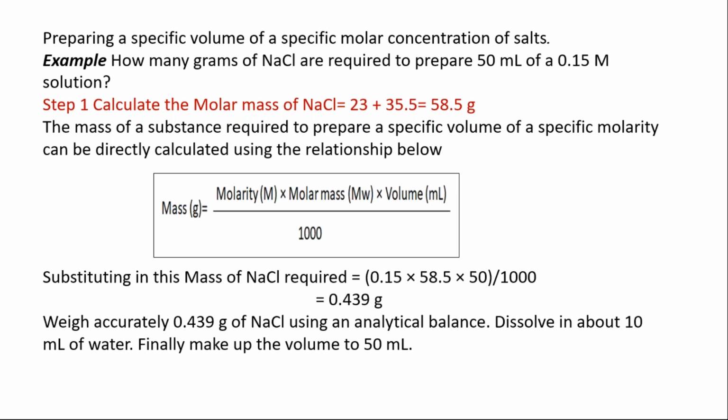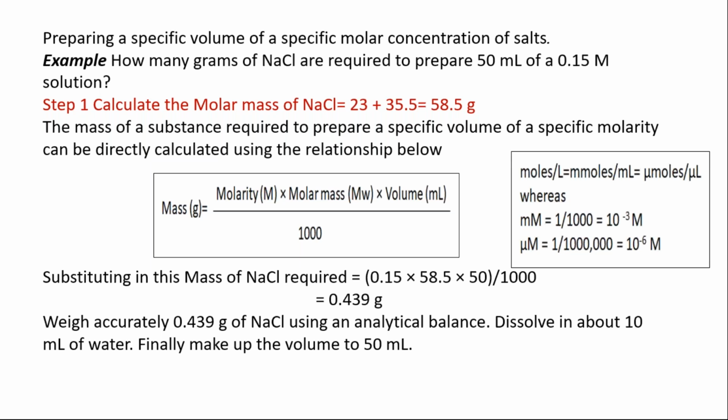So substituting in the above equation, what you get is 0.15 into 58.5 into 50 divided by 1000. So therefore you need to dissolve 0.439 grams. You weigh this in an analytical balance, dissolve this in about 10 milliliters of water, and finally make up the volume to 50 ml in a standard flask or a volumetric flask.